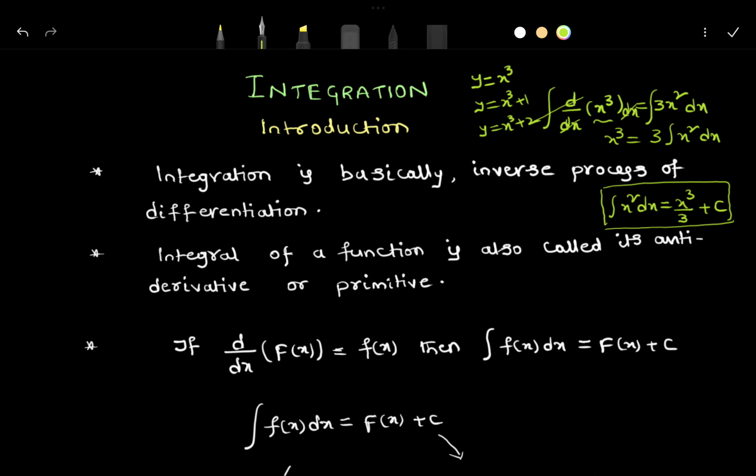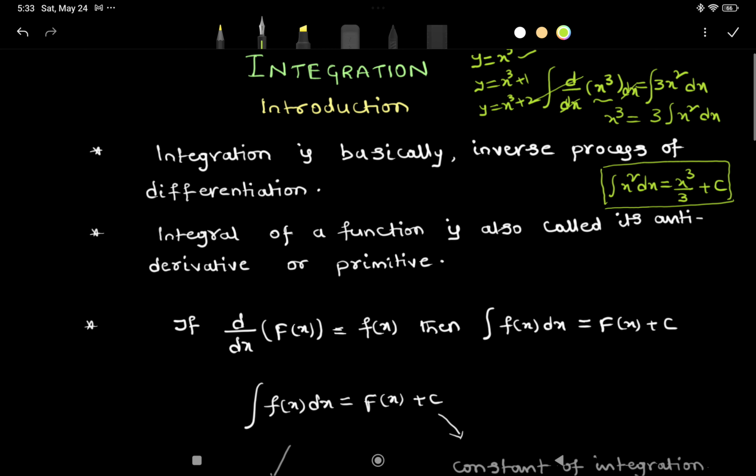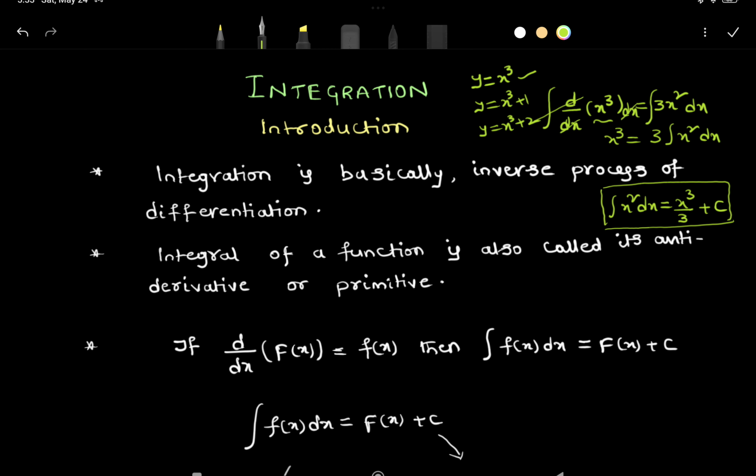What is the geometrical interpretation of integration? Here y equals x cube will be represented by one curve, and x cube plus 1 is another, different curve. y equals x cube plus 2 is another curve. So in the geometrical representation, for different constant values the function will be represented by different curves.